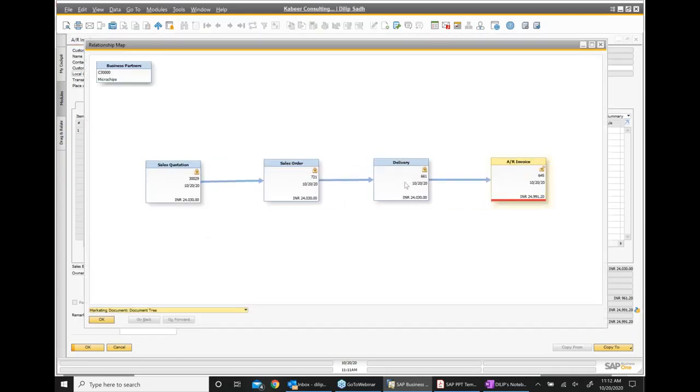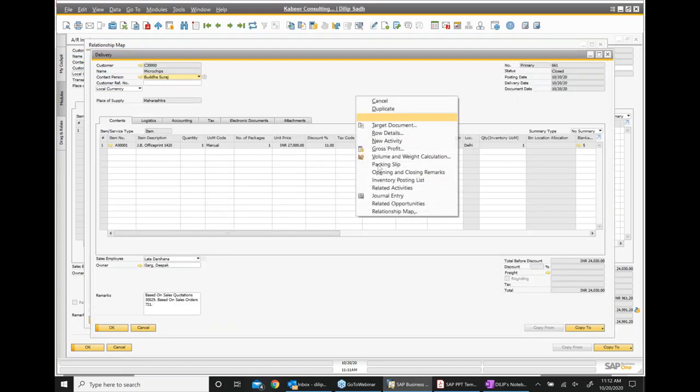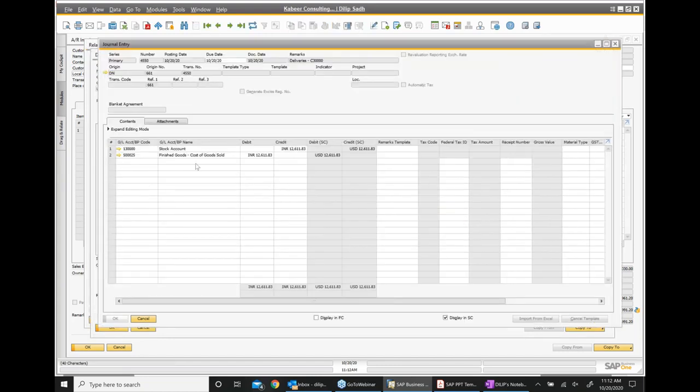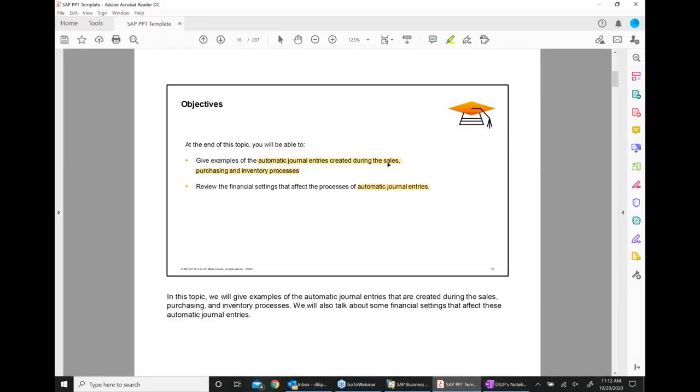In the delivery process, again there is a general entry. If you look carefully, here my stock account is credited. Now this stock account is 1300, how did we get it? Then there is cost of finished goods sold, 50025, how did we get it? That is what we are trying to understand and learn as part of this.